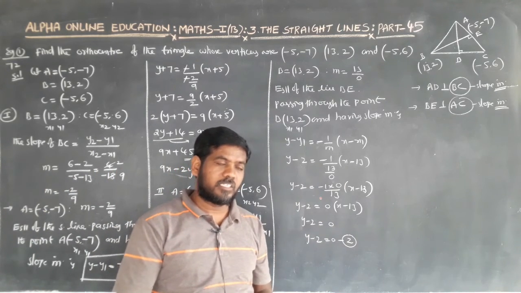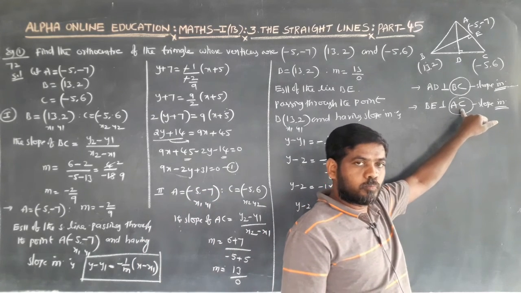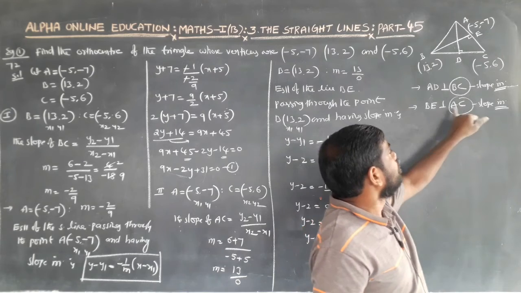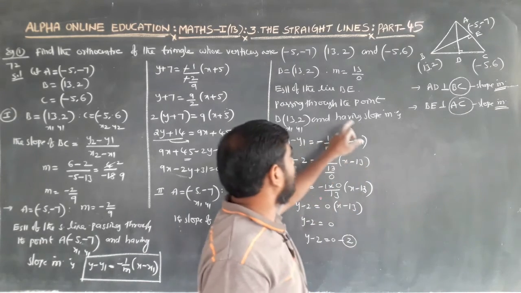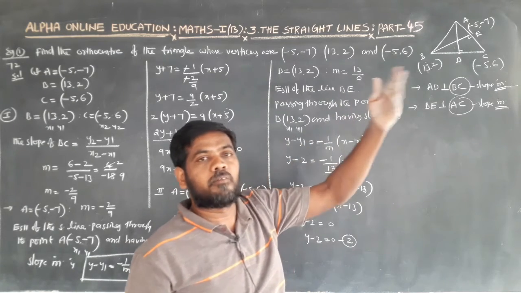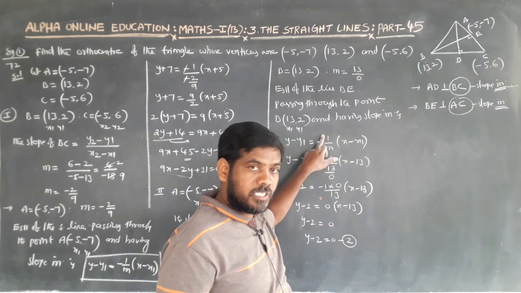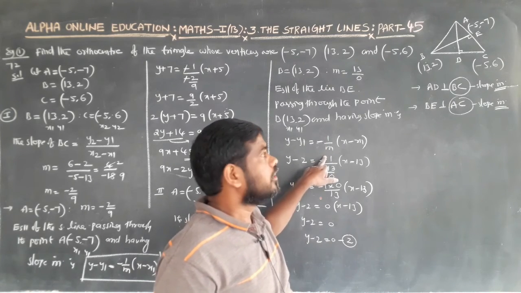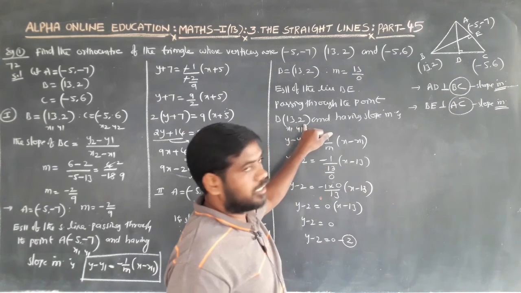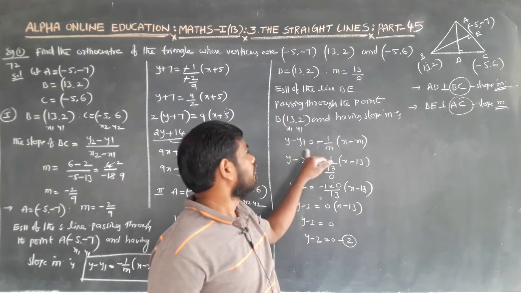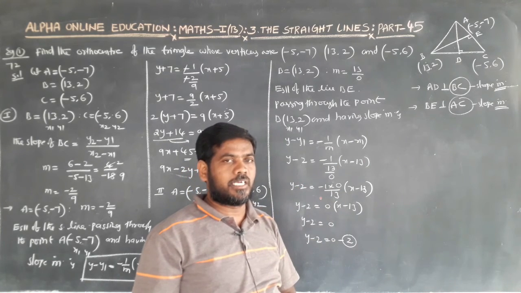First of all, to find the equation of BE, find the slope of AC. Here BE is perpendicular to AC. If the slope of AC is m, the slope of BE is minus 1 by m, because when two lines are perpendicular, the product of their slopes is minus 1. The equation of the line passing through the point (x1, y1) and having slope minus 1 by m is y minus y1 equal to minus 1 by m into (x minus x1).